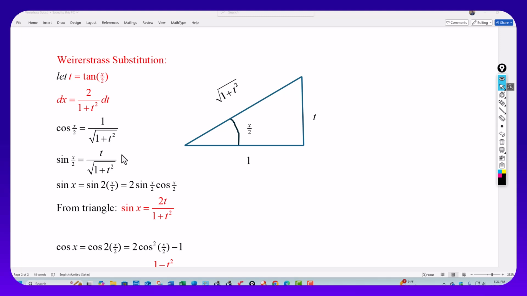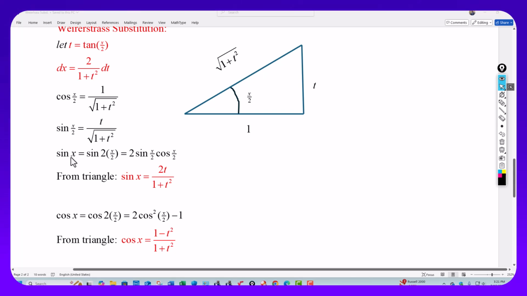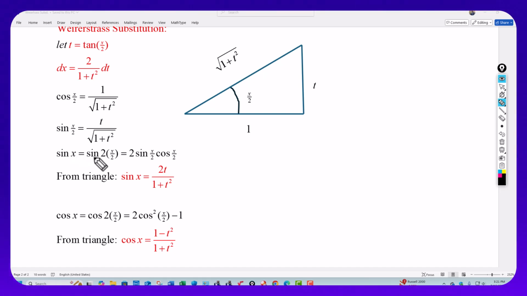But remember, this is going to be for problems involving sine and cosine of x, not x over 2. So we have to rewrite it. So here's the way this is done. The sine of x is equal to, I'm going to use some identities here. So instead of x, I'm going to put 2 times x over 2. That's the same thing as double the angle.